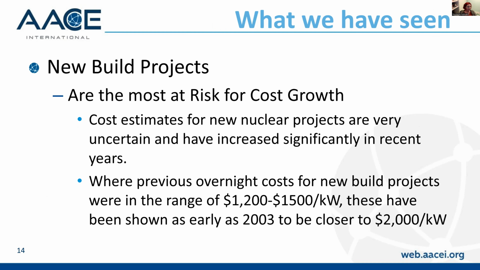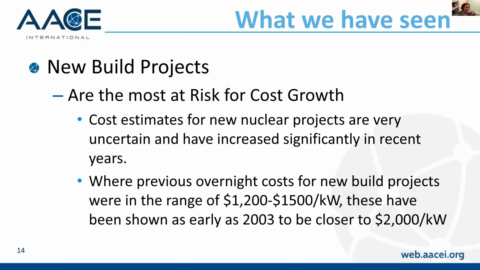So what have we seen? New build projects are obviously at most risk for cost growth. I'm probably not surprising anybody by saying that. And this is primarily because nuclear projects have been very uncertain, and the costs have increased significantly over the last few years.